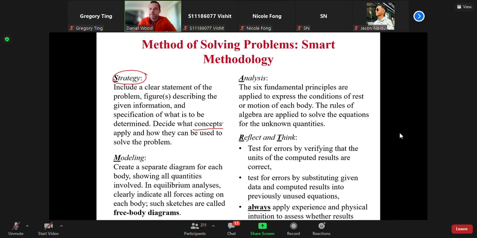Is it one that requires vector summation? Is it proportionality, or is it sine rule? What method are you going to use to solve this? It starts off with you being able to present what you understand about the problem that's been presented in front of you.